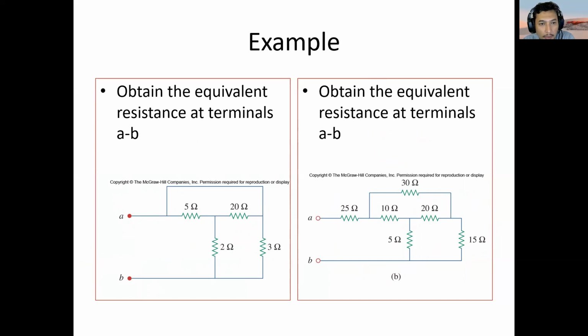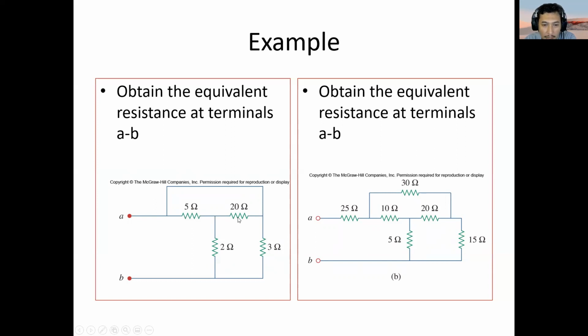Okay, so this one, obtain the equivalent resistance at terminal A, B. So as you can see, we have this one that is not in parallel and cannot be in series, right? So this is what we call pi, and also as you can see, we have also the Y connection.